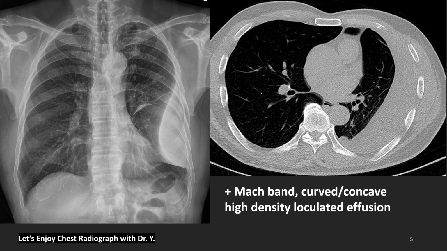How about these axial CT image findings? Was it matched with your idea? The answer is positive Mach band, a curved, concave, high-density loculated effusion. This is the opposite of question number 1.